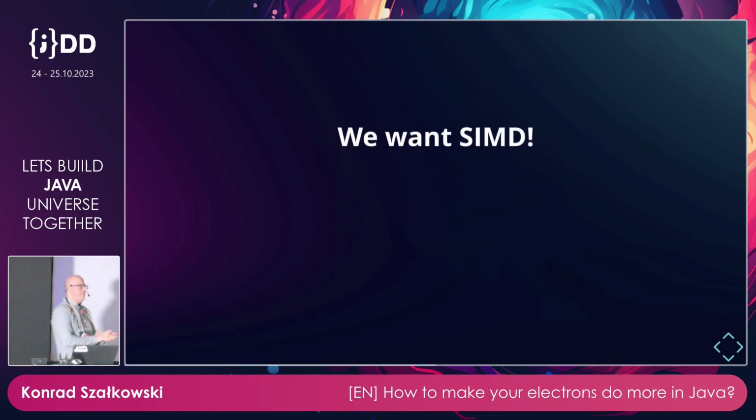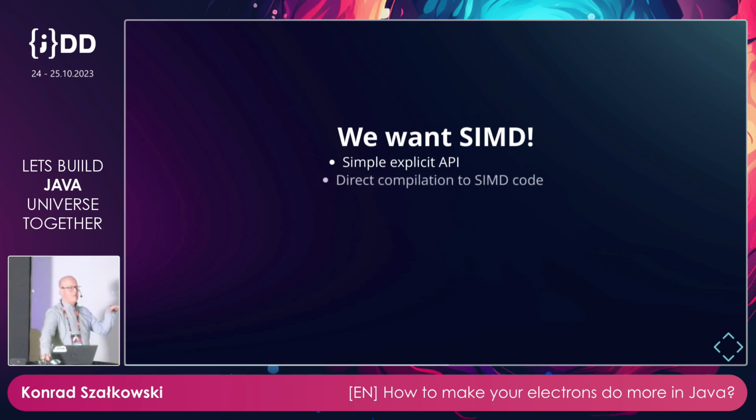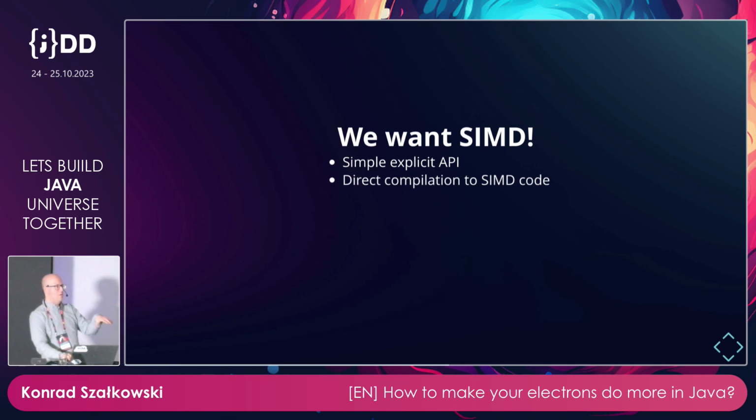And the Vector API is an answer to the developers' call: we want SIMD instructions. We want them through a simple and explicit API. And what is most important, we want to know how the JVM will execute our code.